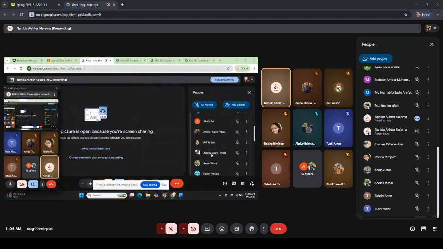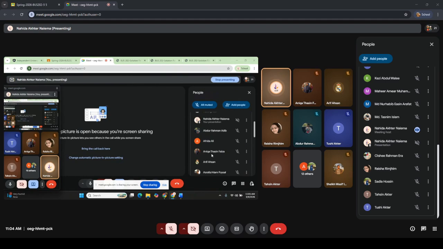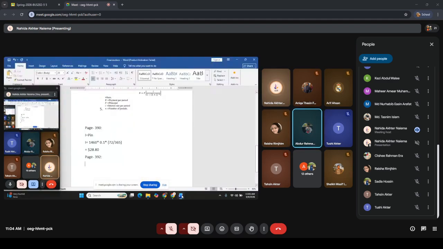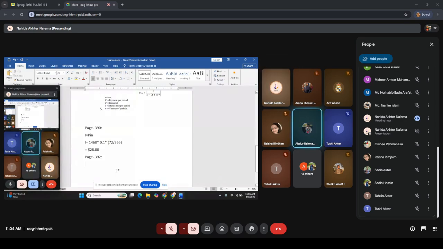Adib, Abdur Rahman Adib. Yes, ma'am. Can you read out the exercise? Page 392. Ma'am, is it example math? Not example, exercise.